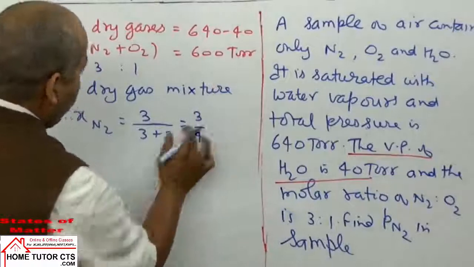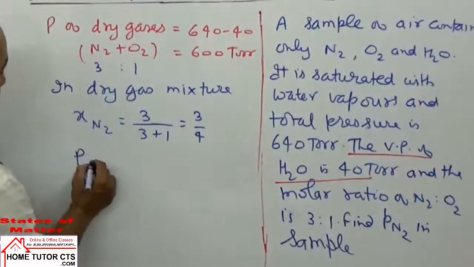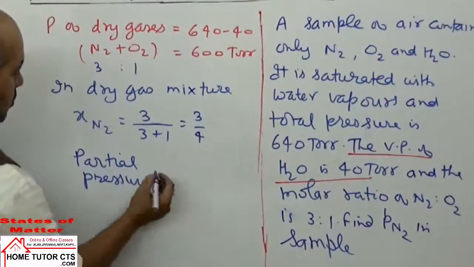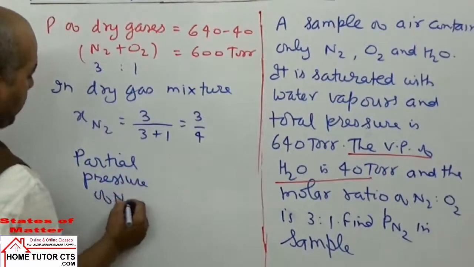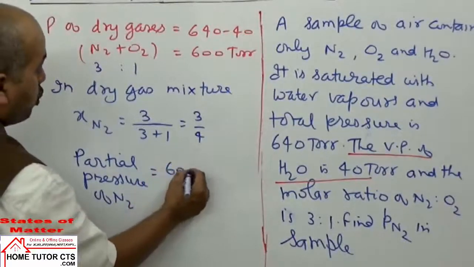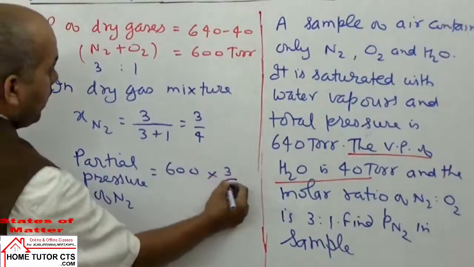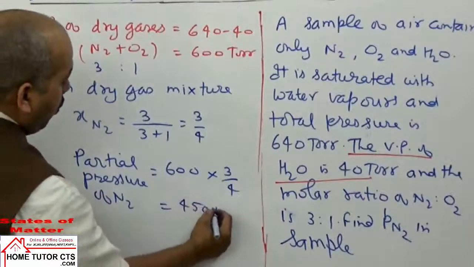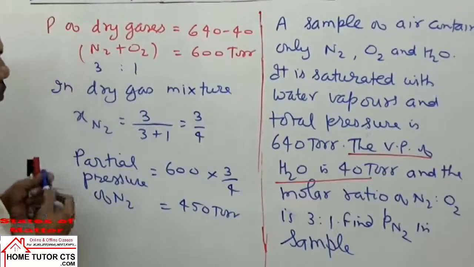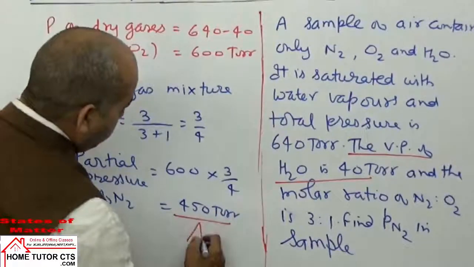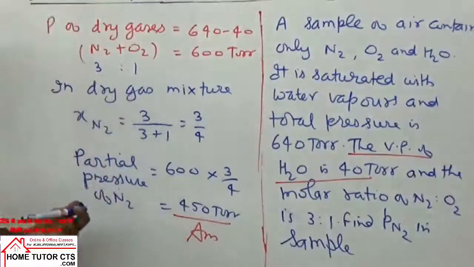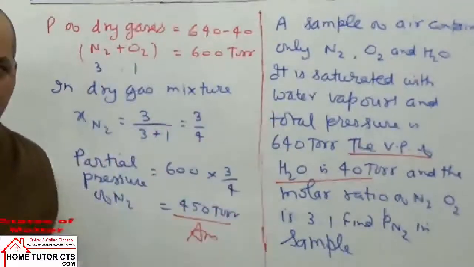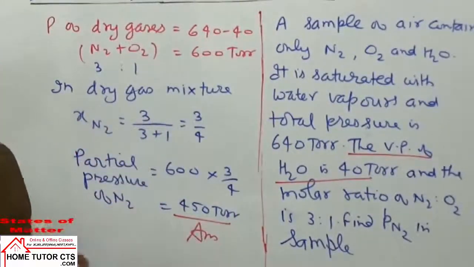Now in the dry gas, for nitrogen gas, we can find the partial pressure of N2. कितना आएगा? Pressure of dry gas into mole fraction of nitrogen 3/4. That's how much here? 450 torr. That is your answer for this question. For the dry gas, we can apply gas laws, and then we can solve the question this way. Okay.